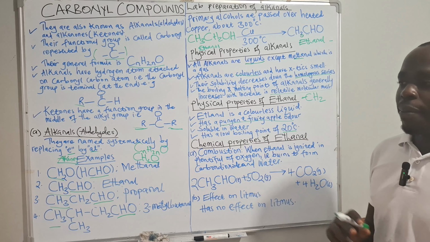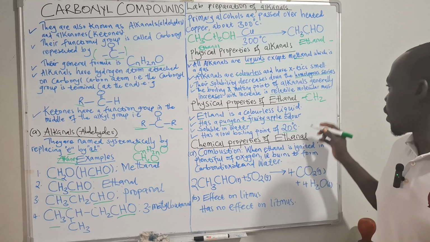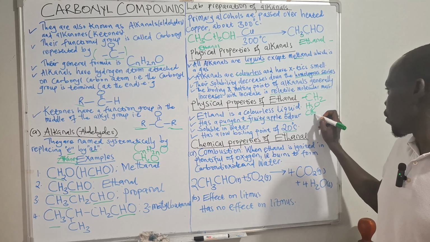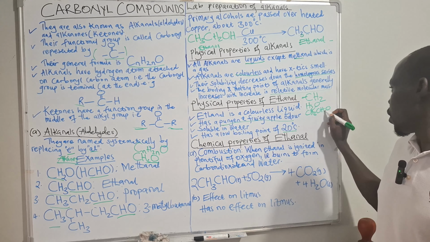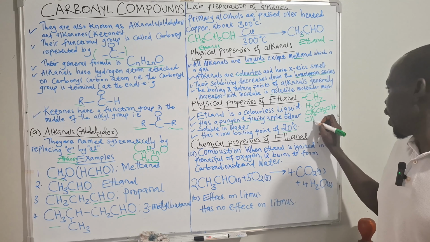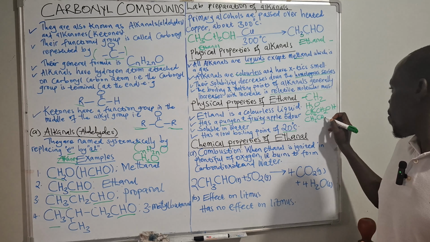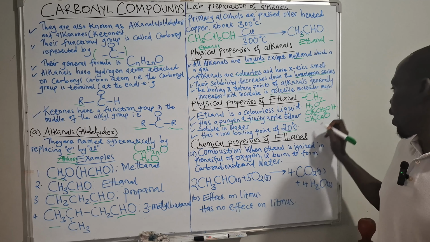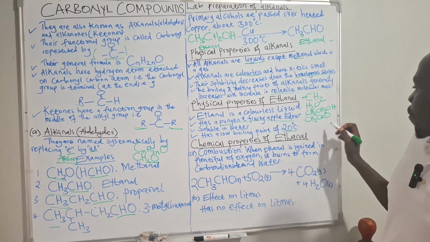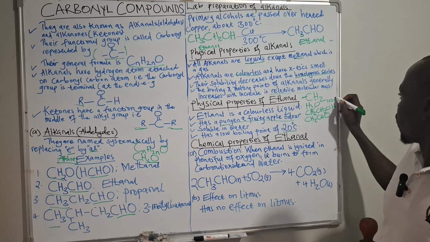So that means if I have my water, I have alcohol, I have ethanol, and if we have something like this, then the boiling point of water is 100 degrees Celsius.